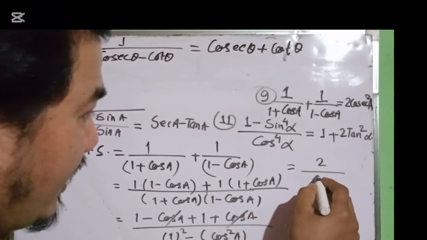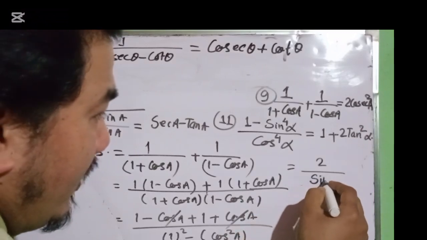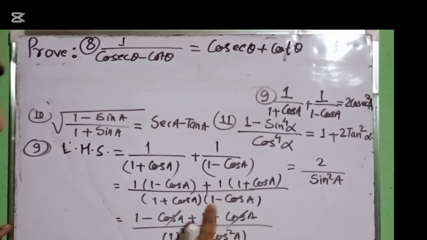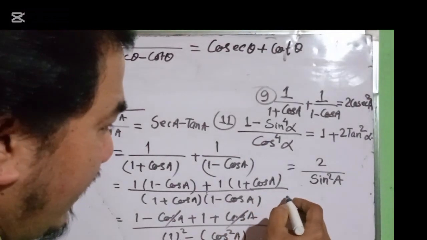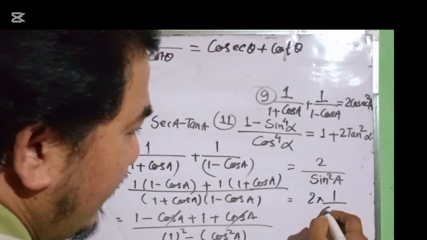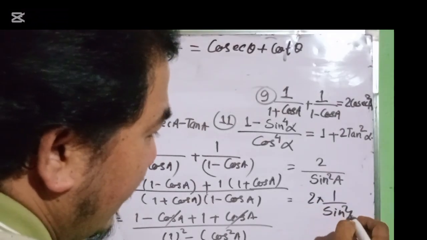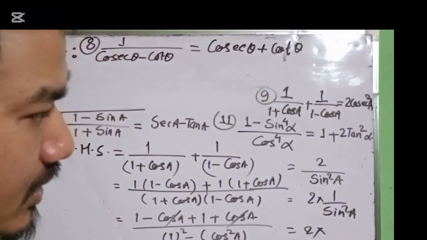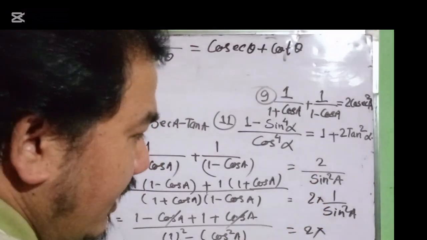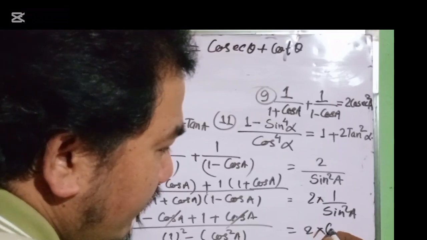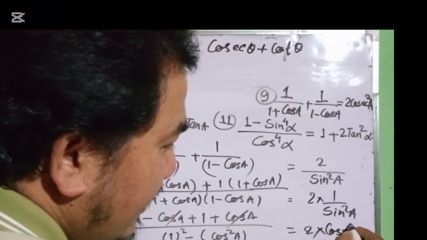1 minus cos square a means, by the Pythagoras formula, sine square a. So we can write this as 2 into 1 by sine square a. In the reciprocal relation we have learned that 1 by sine is cosec, so 1 by sine square a will be cosec square a.